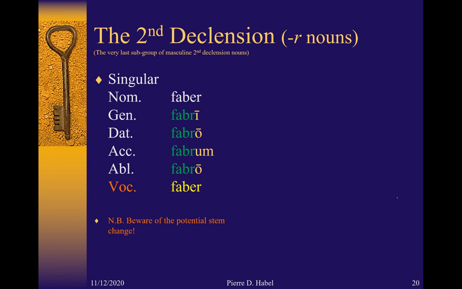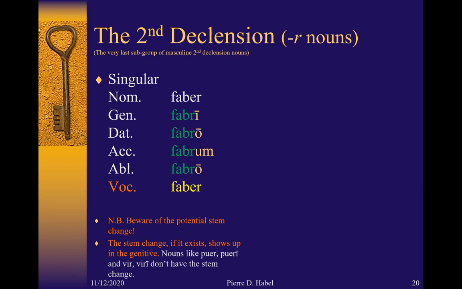I want to pause for a second before we go over all the forms and remind you that some of these nouns have a stem change. Ager, agri has a stem change. Faber, fabri has a stem change. Magister, magistri, meaning teacher, has a stem change. Now, puer and vir don't.